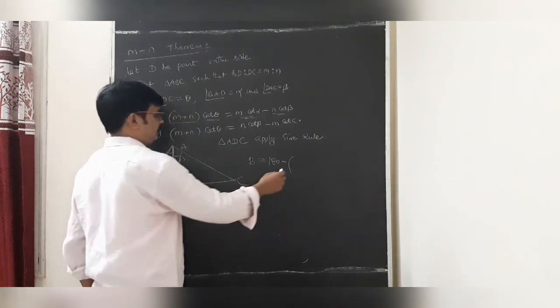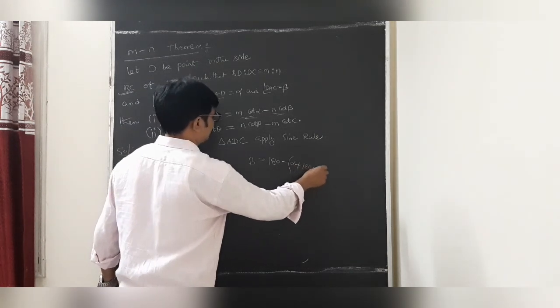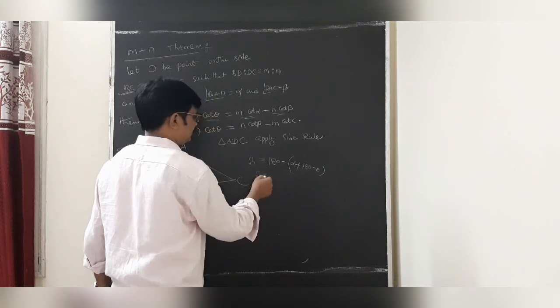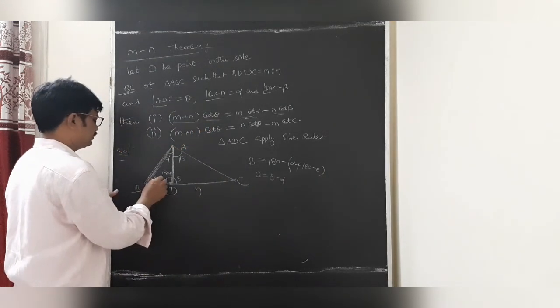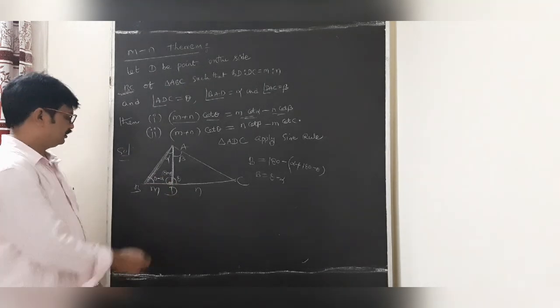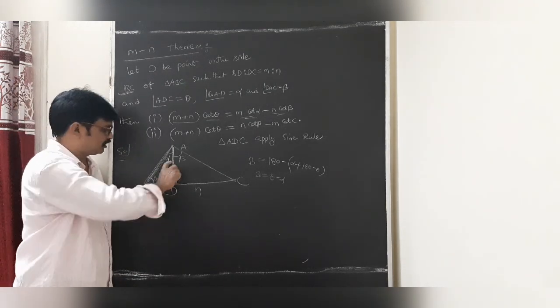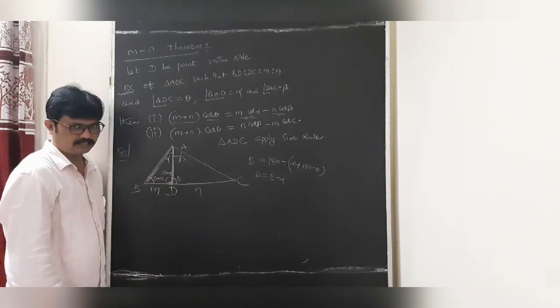A is alpha, plus 180 minus theta. This is theta minus alpha. How to write? The angle B is 180 minus the sum of these two angles. This is alpha, this is 180 minus theta. So this is theta minus alpha.